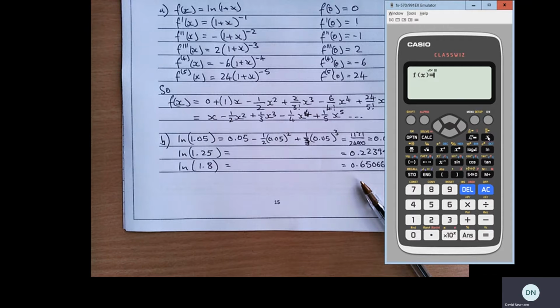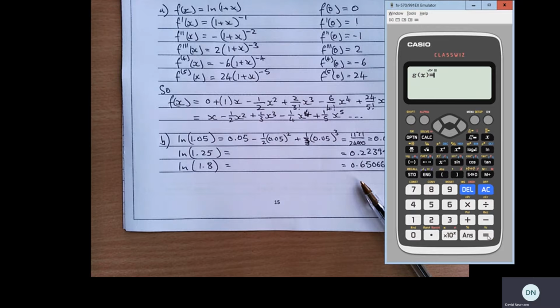So we're going to go x minus a half x squared plus a third x cubed.